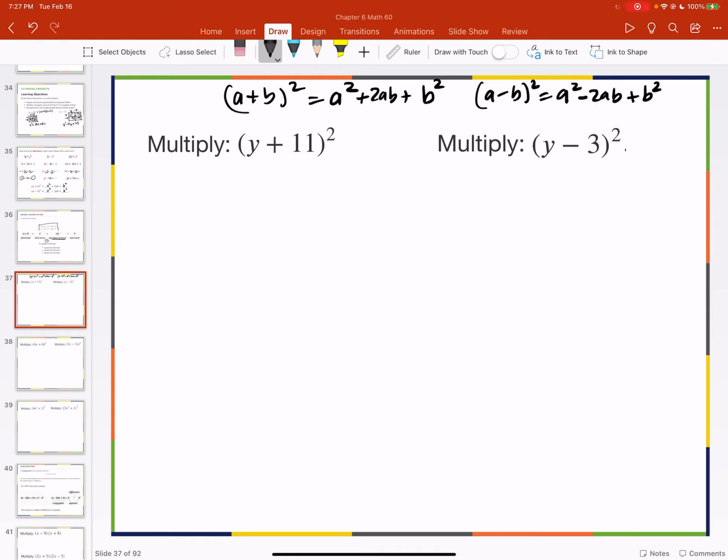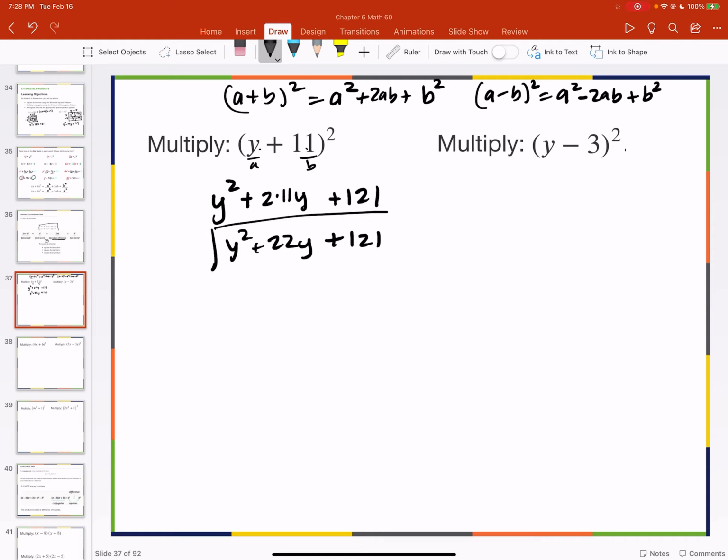Okay, so in this case, a is y and b is 11. So it's a plus b. So it's first term squared, last term squared is going to be 121. 11 squared is 121. And then in the middle, twice the product. So 2 times 11 times y. So that's just going to be y squared plus 22y plus 121.